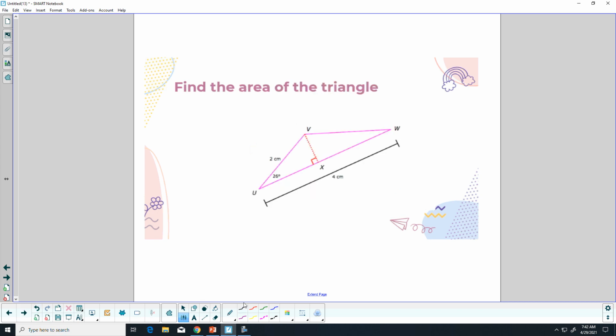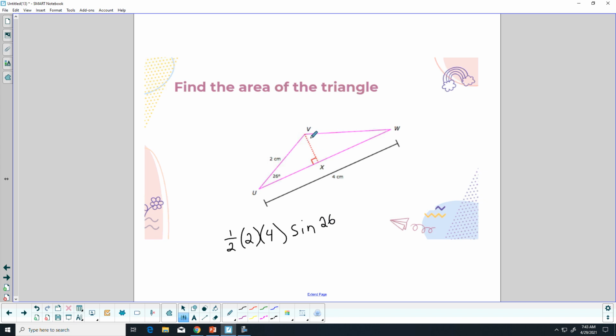Alright, on this one, I want to find the area. Well, I know two sides and I know the included angle, the angle of those two. So I'm going to use that formula that I gave you for area. Area is 1/2 the two sides. In this case, it'll be 2 times 4 times the sine of 26.